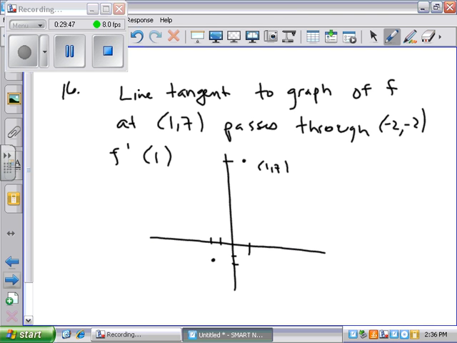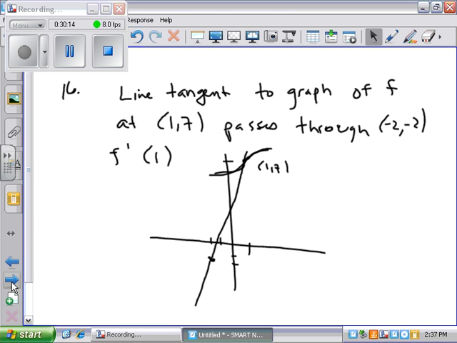So this is the tangent line, and I don't know what the curve looks like. Maybe it looks like, well, that wouldn't really be tangent to it. The point is the tangent line there would go through this point over here, all right?